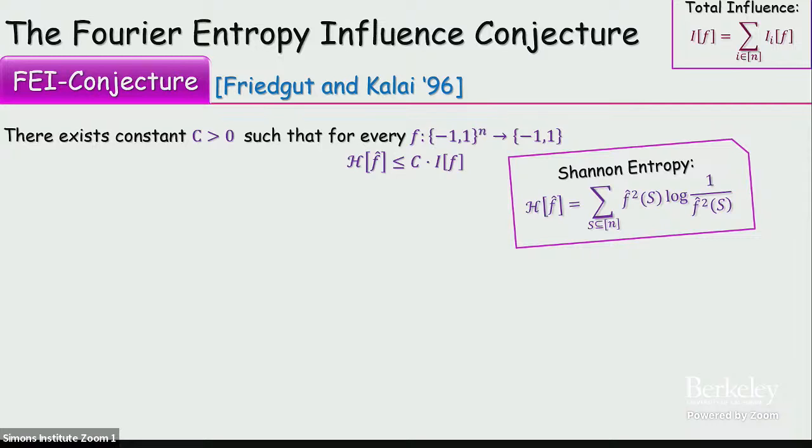Let's say that there exists, for every Boolean function, a bound of the Shannon entropy by the total influence. The meaning of it is that if the total influence is small, then we want to say that the function is concentrated.